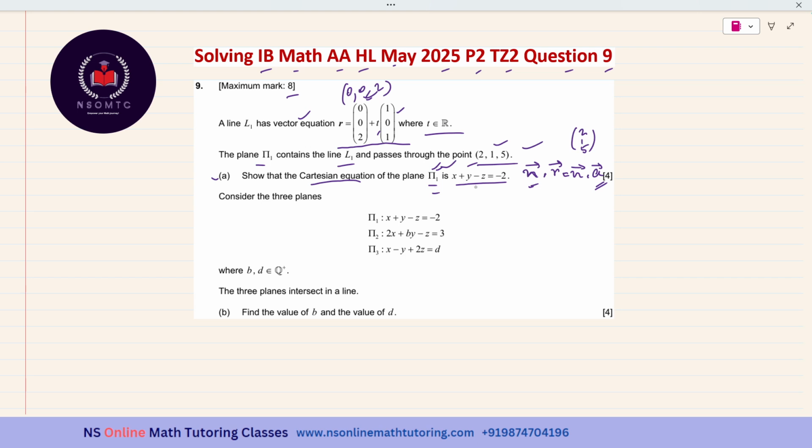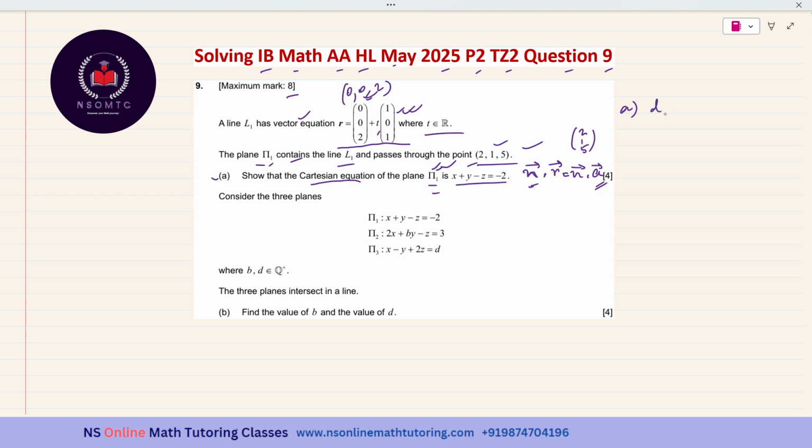Therefore, we first have to get two non-parallel vectors lying in this plane pi 1. Obviously, since L1 is lying in pi 1, its direction vector will be a vector in plane pi 1. So this is one of the vectors.